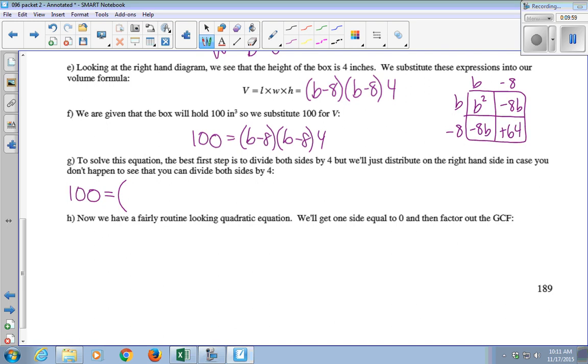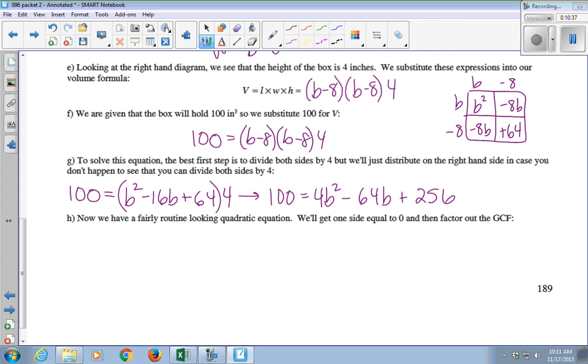Combine your like terms of the negative 8b's, and I get b squared minus 16b plus 64, and I still have the times 4. Distribute the 4, right? So I have 100 equals 4b squared minus 64b plus 256.